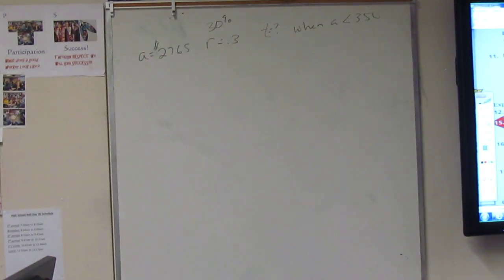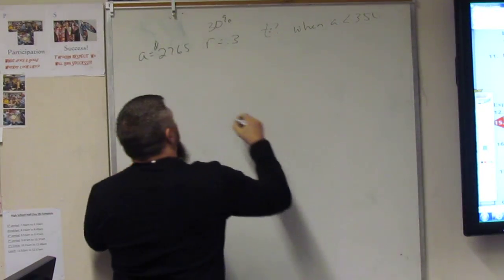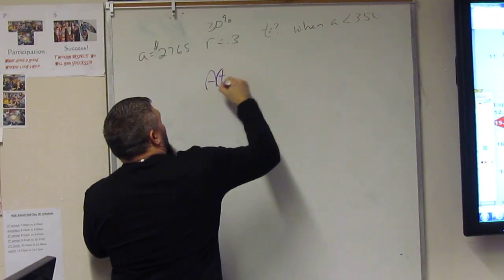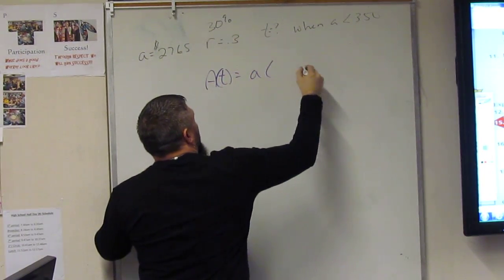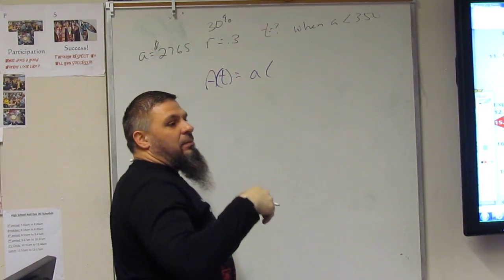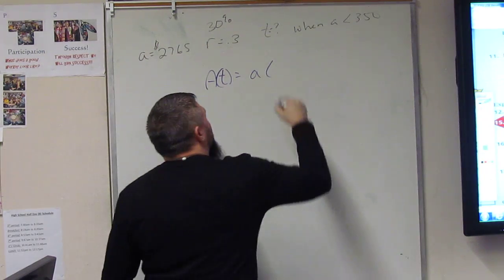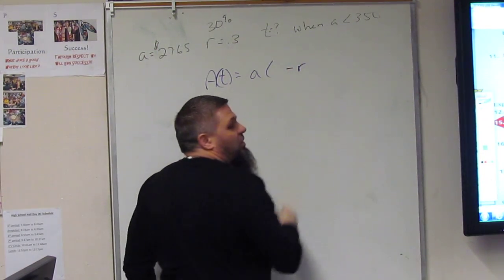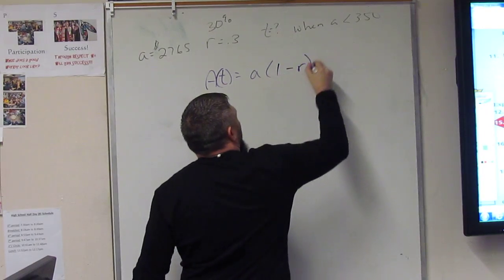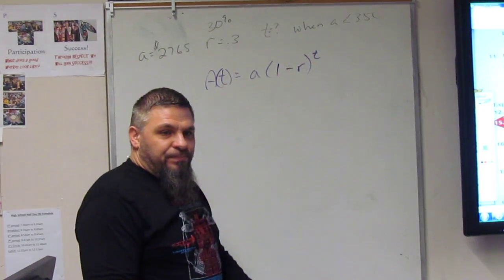How am I going to think? Well, first of all, I'll think with the equation. A sub t is equal to A times 1 plus or minus R to the t. In this case it's minus R, so it's 1 minus R to the t.